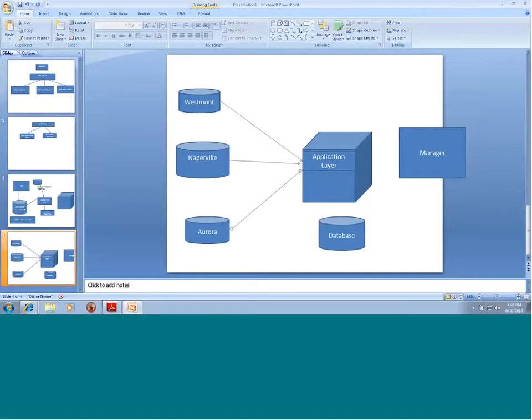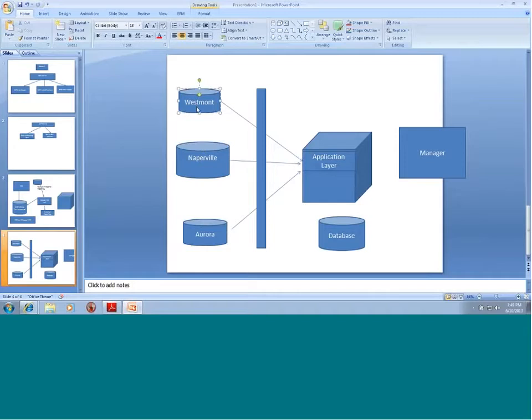It brings data from all these systems and converts the layer. If you look at the traditional systems, they are all storing data in different formats. Westmont could be holding an Oracle database, Naperville could have a Microsoft SQL Server, and Aurora could have a totally different system altogether. So the data sitting in all these different places is stored in different formats.